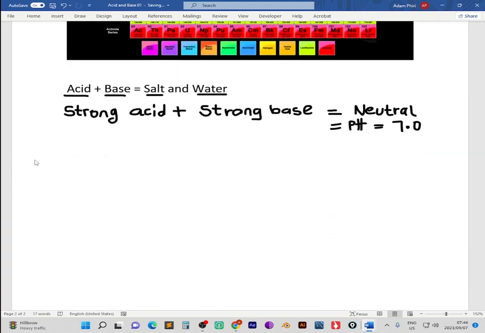Let us do the calculation there. We have perchloric acid, that is H, chlorine, and 4 atoms of oxygen, plus magnesium hydroxide. Magnesium hydroxide in this case is a strong base, and perchloric acid is also a strong acid.